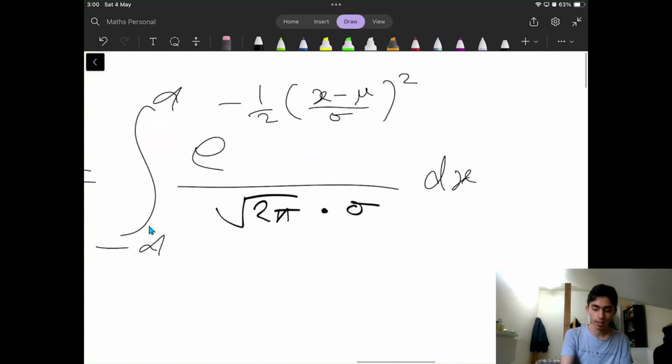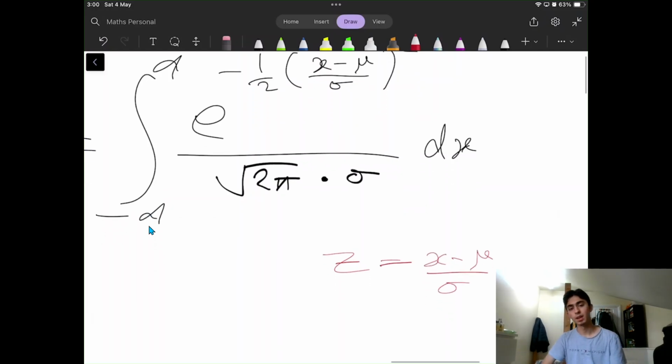If you just quickly take a substitution, let z equal x minus mu over sigma. This is a particularly famous substitution to use because statisticians call this the standard normal distribution, which is basically normal distribution, but where mu is 0 and sigma is 1.